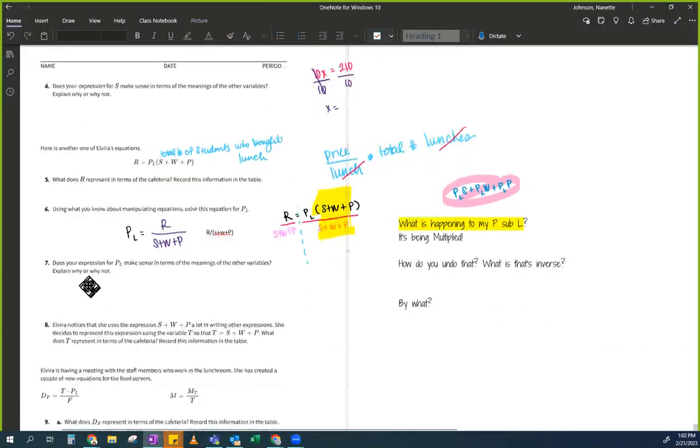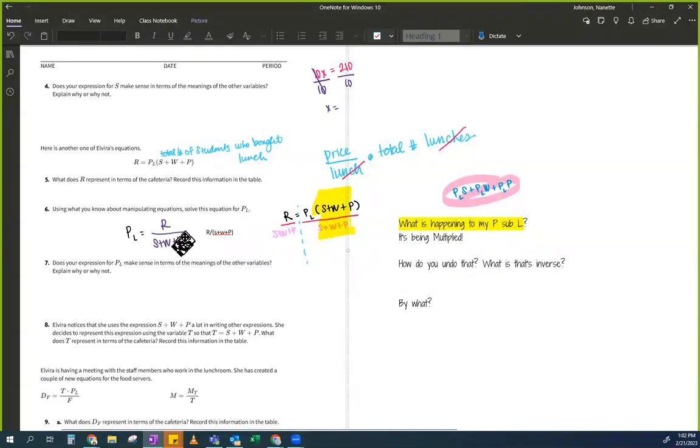Okay, does your expression for P sub L make sense in terms of the meanings of the other variables? Let's see. Revenue divided by the total number of students who bought a lunch for sandwiches, salads, and pizza would give me price per lunch? And the answer is yes, it would.